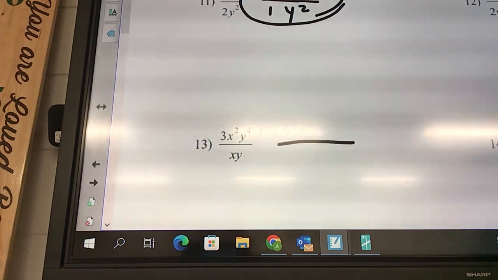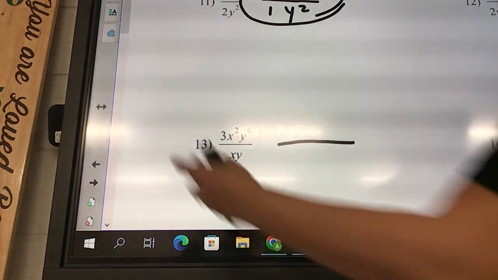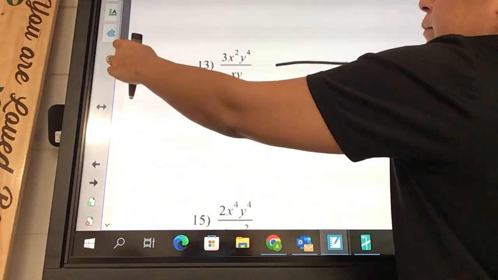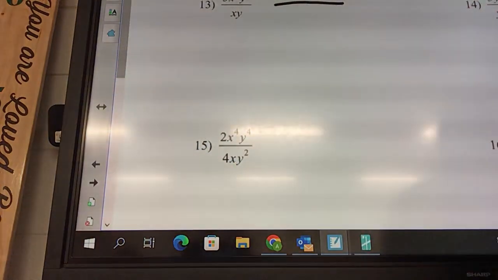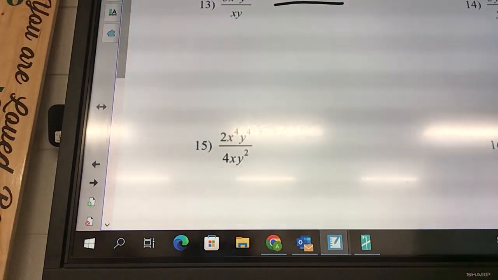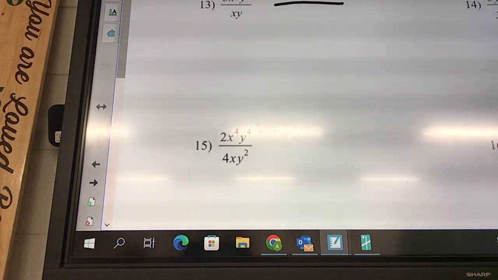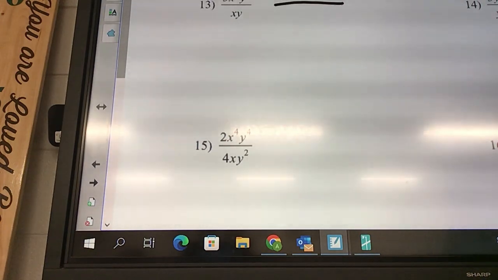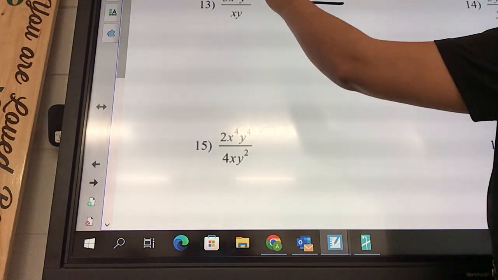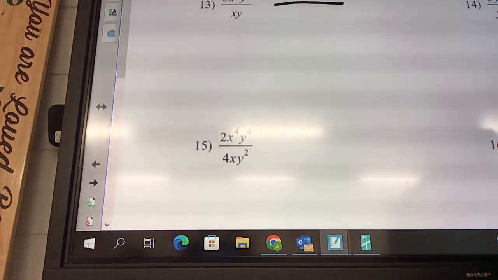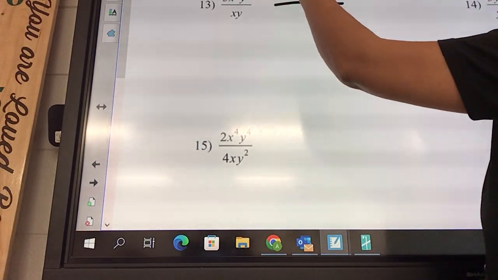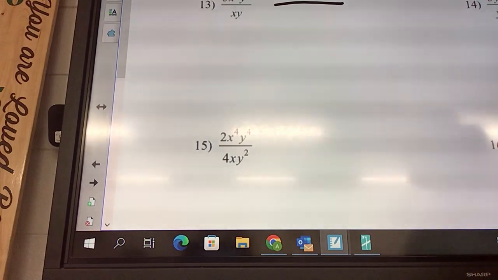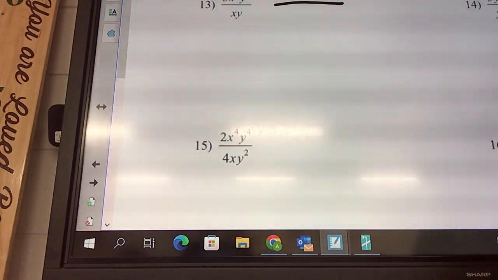Okay, 13. What is on the bottom? X and Y. Well, the coefficient. 1. So does 3 over 1 simplify? It's just 3, which is what we got up there. So put the 3 down. And then on the top, you're going to say x to the 2 minus what? 1.